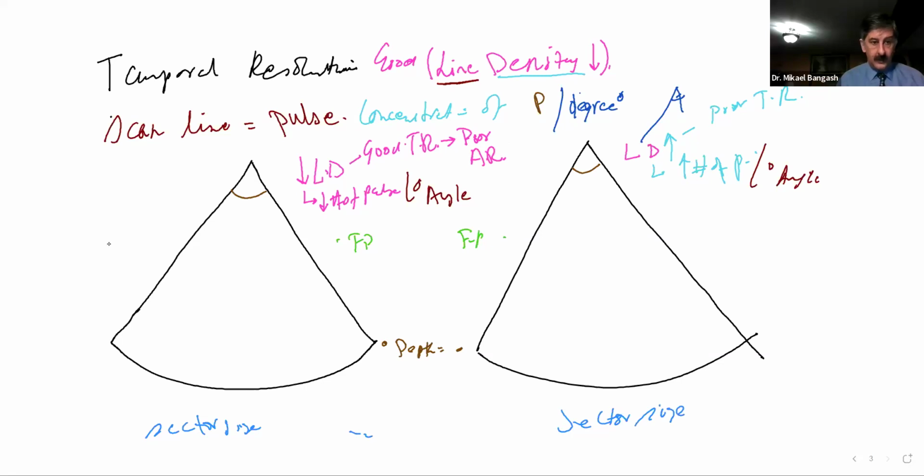Whereas on the other hand, this poor temporal resolution here will give us a good axial resolution, or more likely a good spatial resolution. But anyways, good. Why is that?